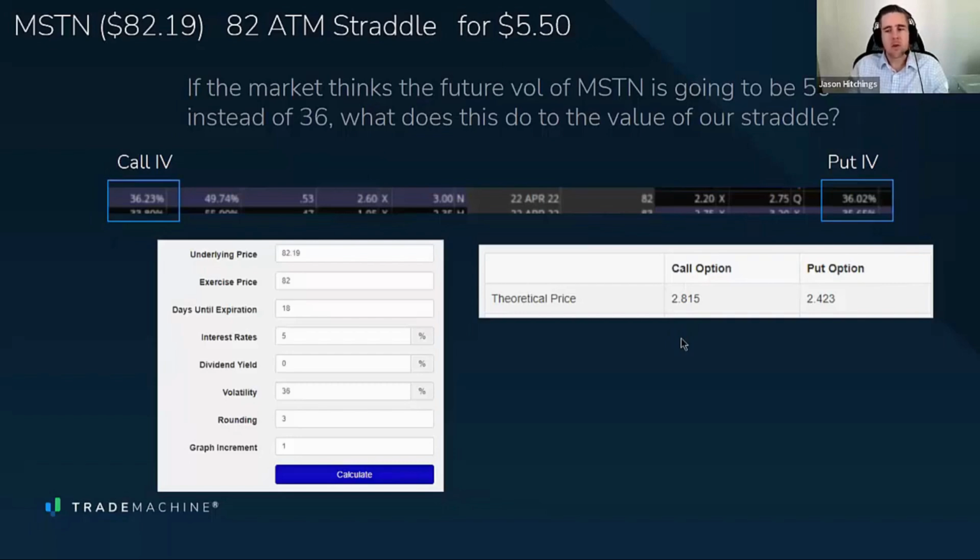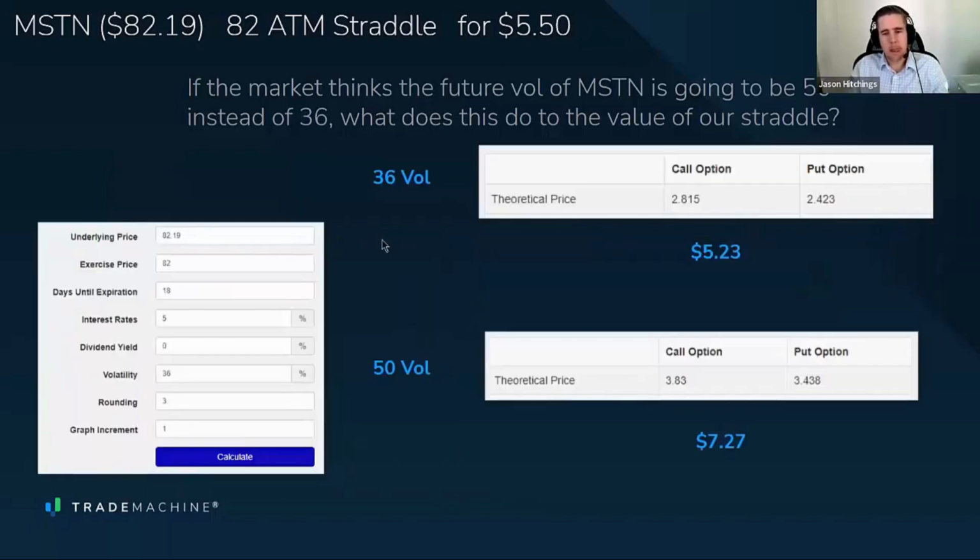So what happens if we go from a volatility assumption of 36 and we crank that up to 50? Well, if you owned both of these options, then you'd be paying $5.23 if you could get them at the midpoint. If all of a sudden the market thinks that the stock might move at 50% per year, that position is now worth $7.27, even if nothing has changed.